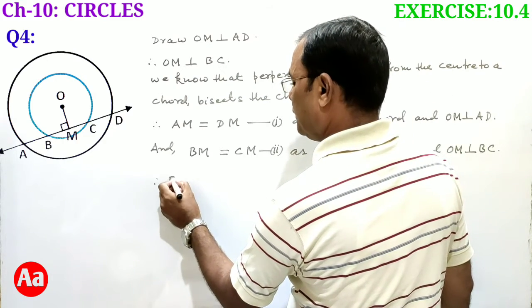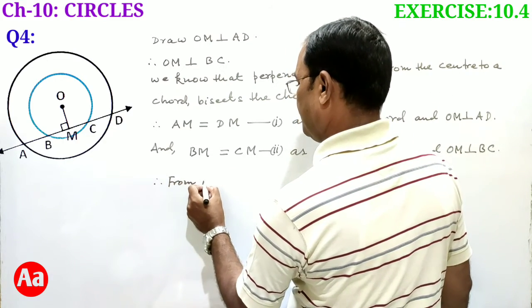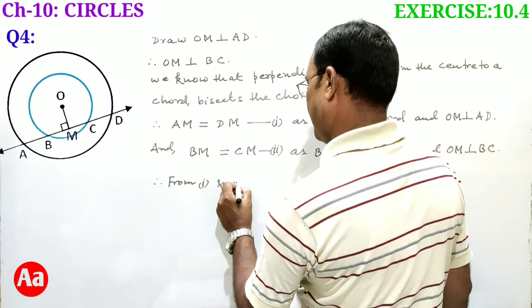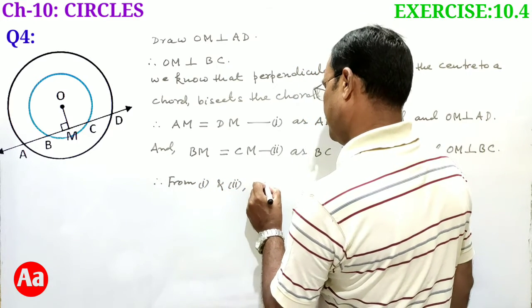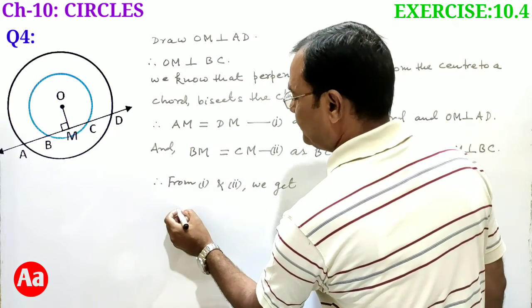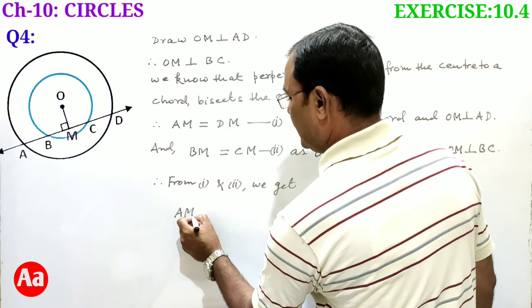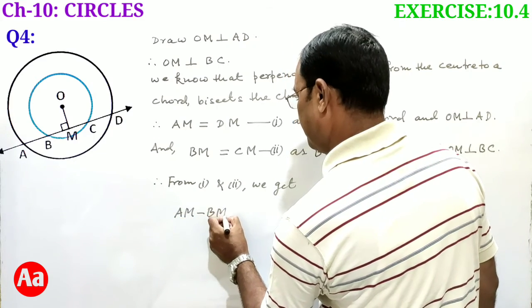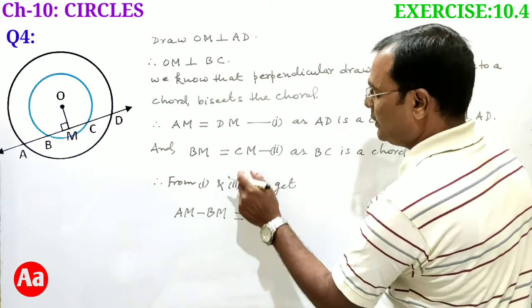So therefore from 1 and 2 we get AM minus BM is equal to DM minus CM.